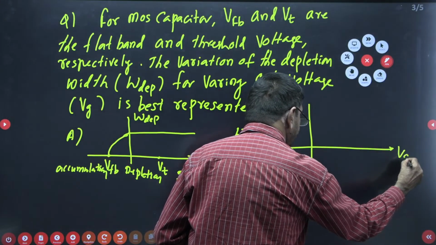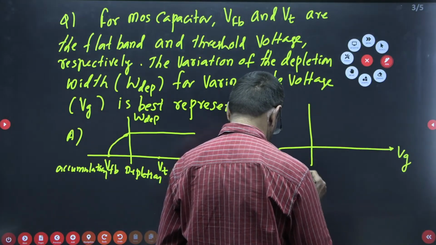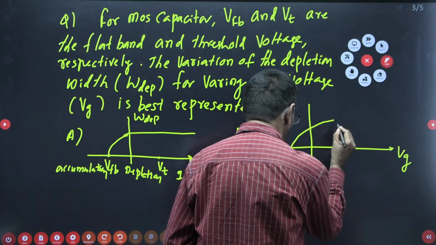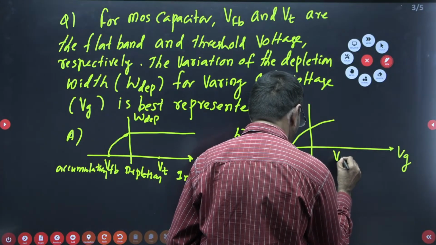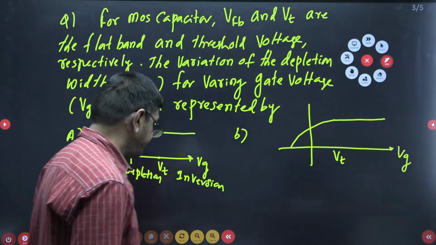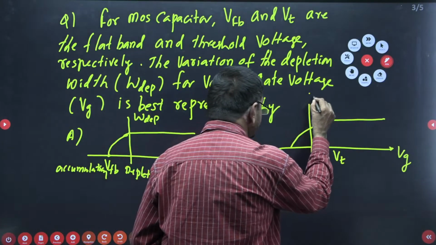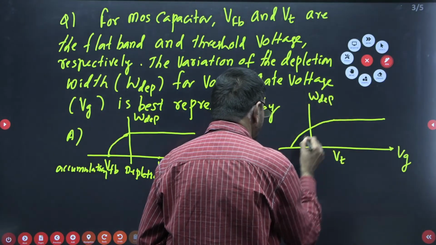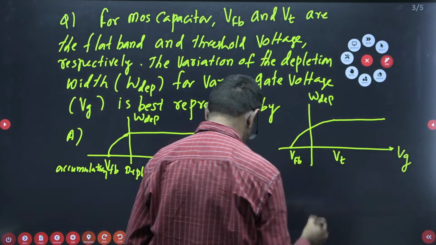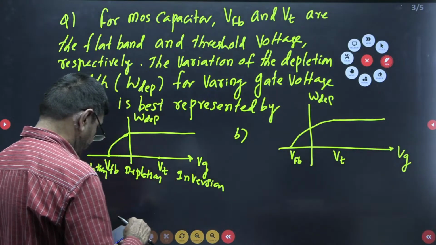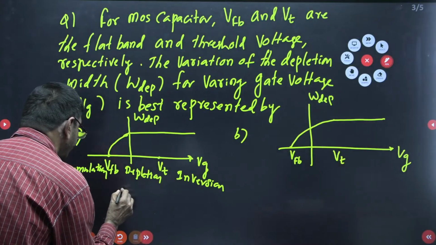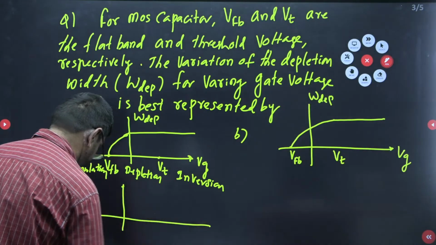This is the gate voltage. The diagram goes like this. This is W_DEP. This voltage is VT. This is VFB, the flat band voltage. And option C is given here like this. Very easily you can understand.